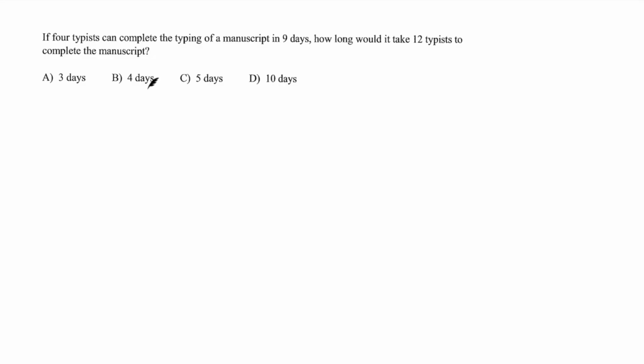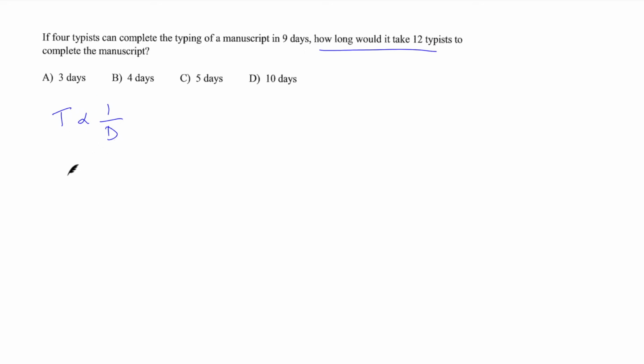Next question. If 4 typists can complete the typing of a manuscript in 9 days, how long would it take 12 typists to complete the manuscript? Now this is basically inverse proportion and not direct proportion, because if you've got more number of typists, then the number of days would decrease and vice versa. We can write it like this: T is directly proportional to 1 over D, where T basically represents the typist and D is days.